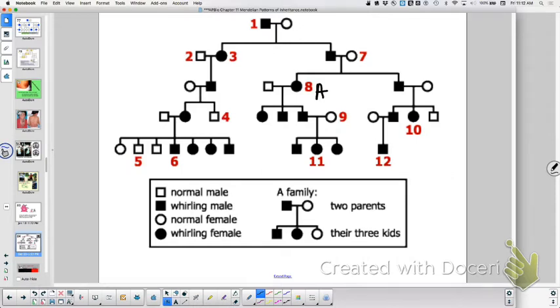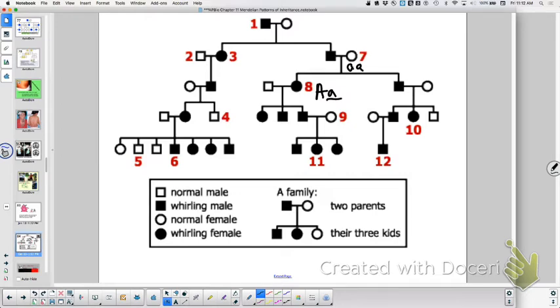Okay. So do we know what her second letter is? Yes, you do. Look at her parents. It has to be little a. Why? Number 8's mother doesn't have the disease, so she's little a, little a.